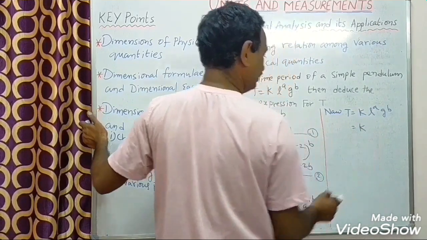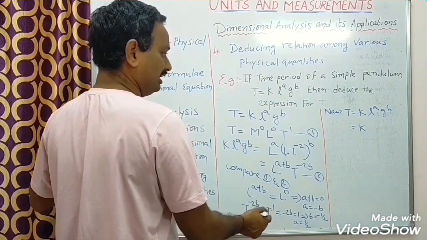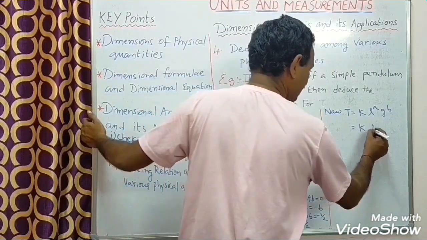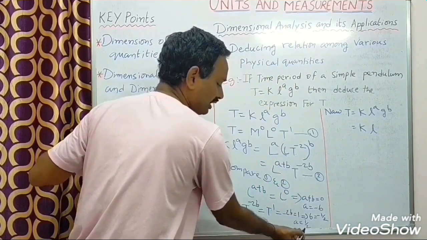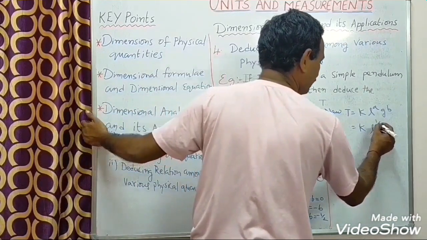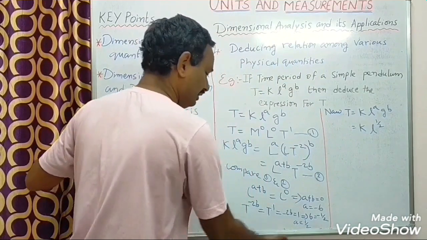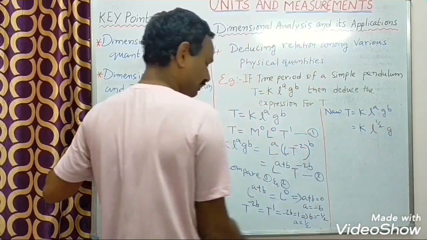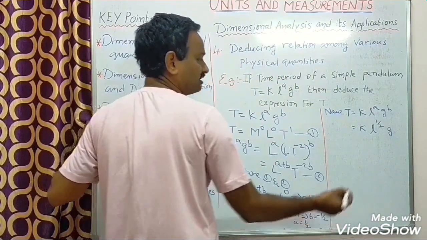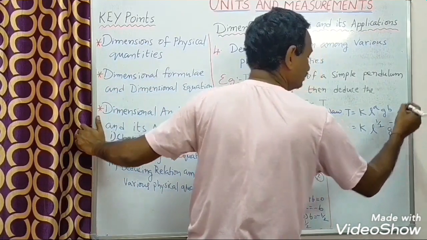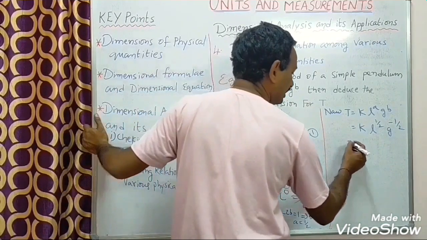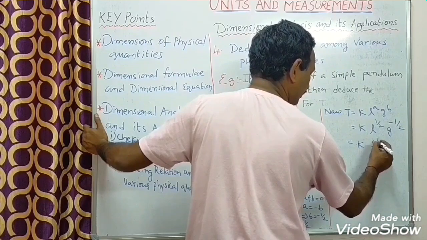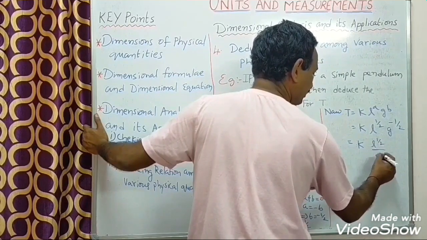That equals K into L power a, where a is 1 by 2, L power 1 by 2, into g power b. b I got minus 1 by 2. So I can write K into L power 1 by 2 by g power 1 by 2.